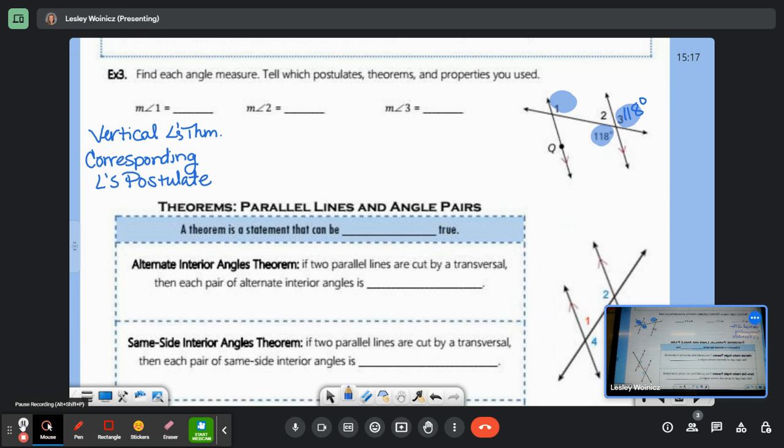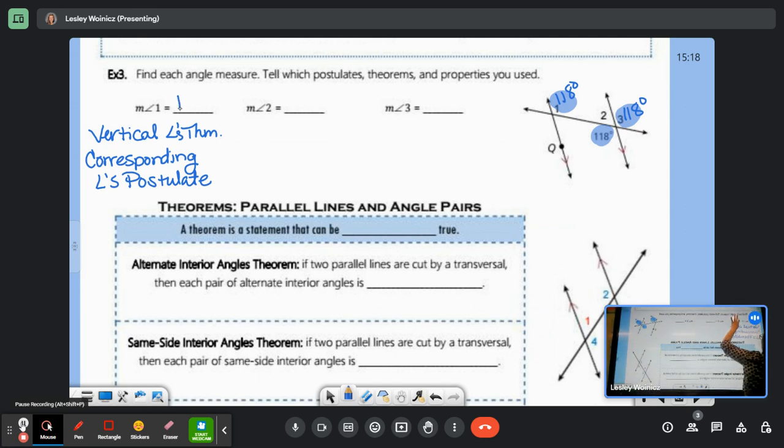What does my corresponding angles postulate tell me? It says when you have parallel lines, corresponding angles are congruent. So then I know angle 1 is 118 degrees.